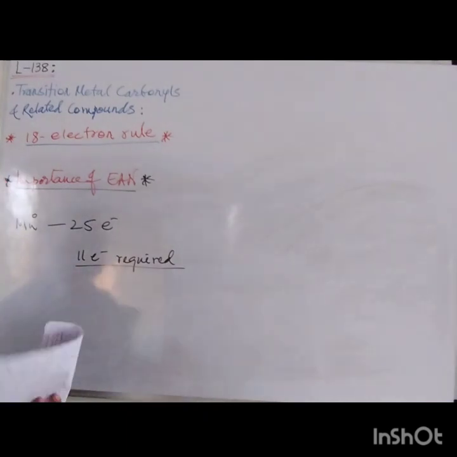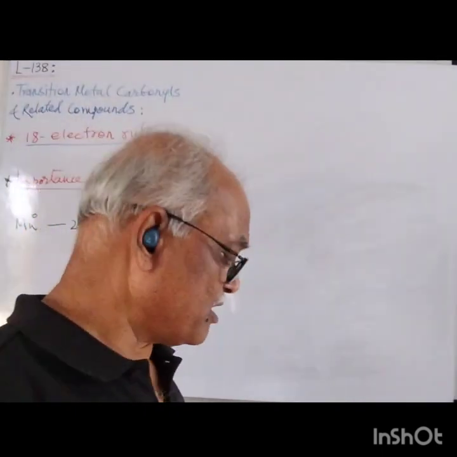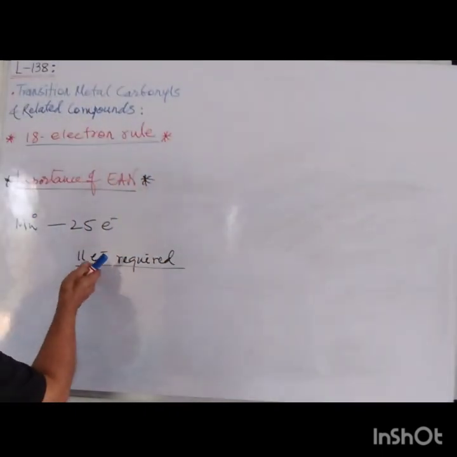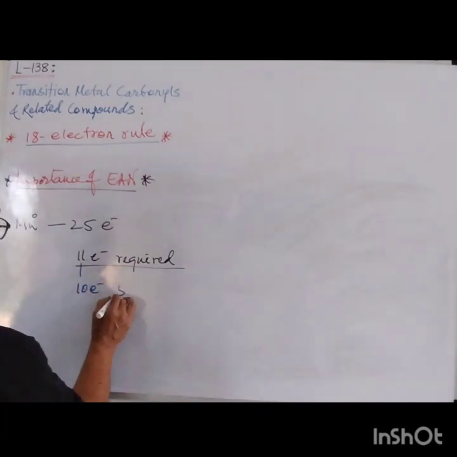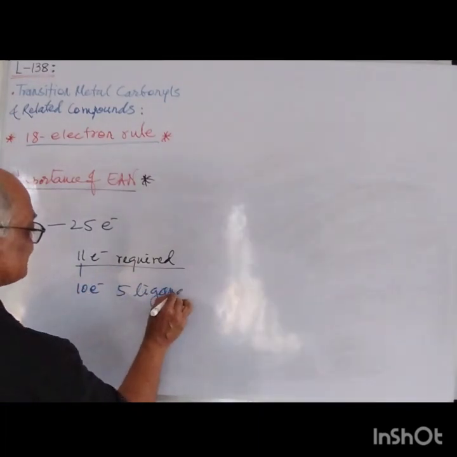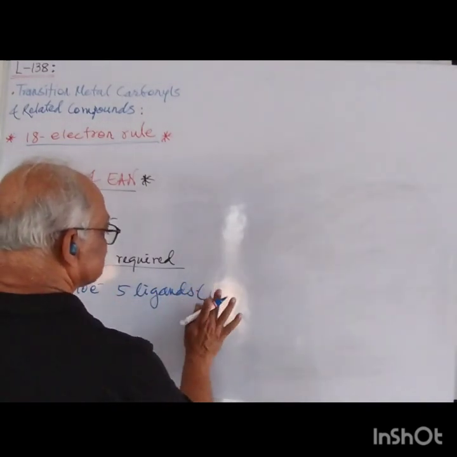It is not easy to attain this number of 11 electrons using full ligands in terminal positions, so we have to consider 1 electron separately. Out of these, 10 electrons can be contributed by 5 ligands at terminal position.